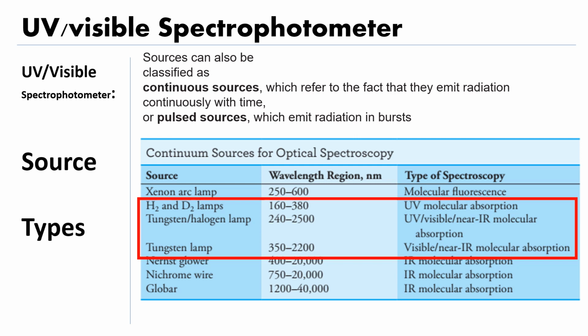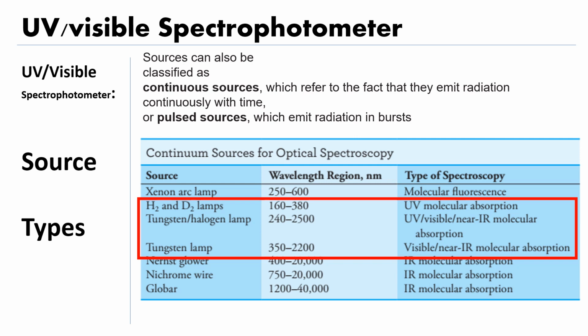So these are the sources which are used for optical spectroscopy. Helium and deuterium lamps produce the wavelength region of 160 to 380 nanometers, and these are used for UV molecular absorption.